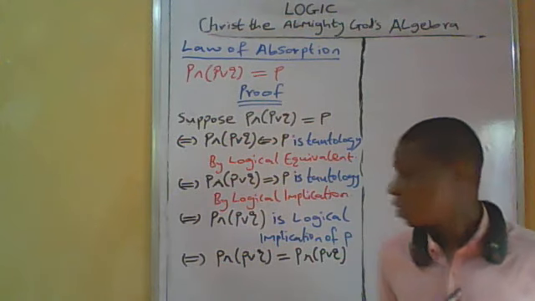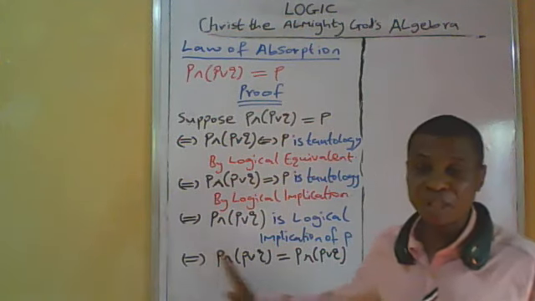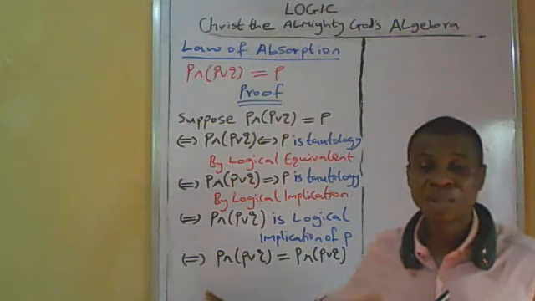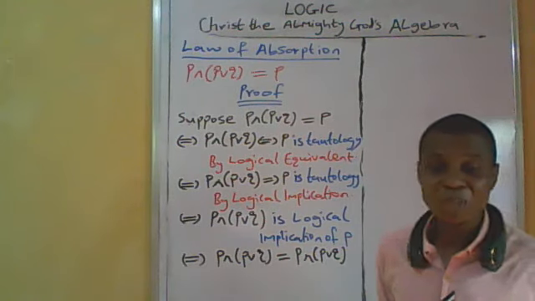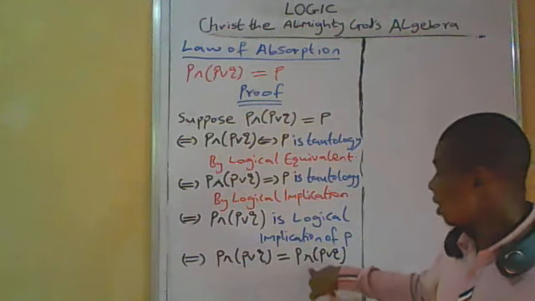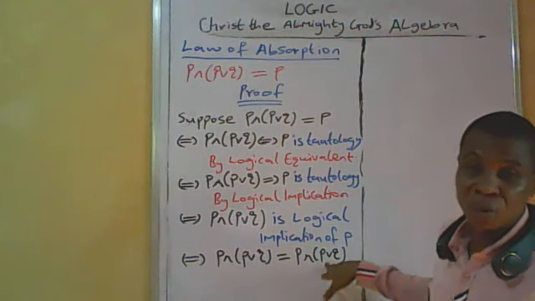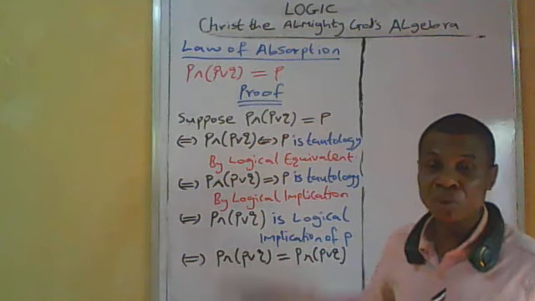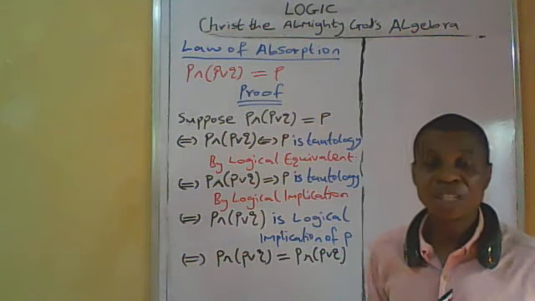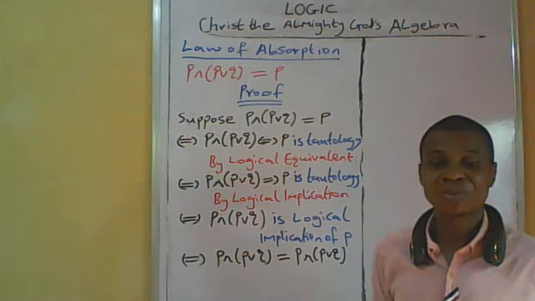In the sense that whenever the left hand side of the logical implication is true, the right hand side is also true. In the same vein, whenever the right hand side is false, the left hand side is also false. We say that it is logical equivalent.